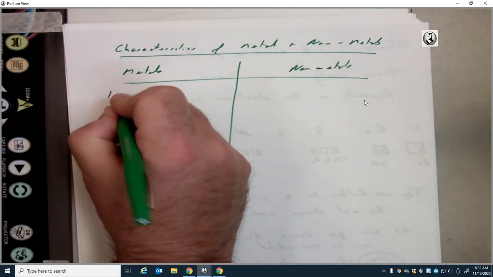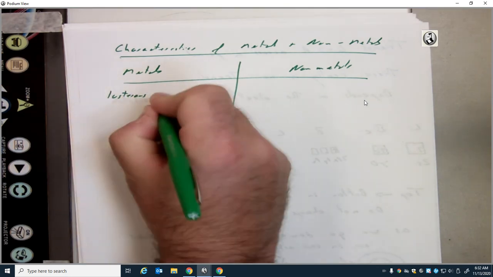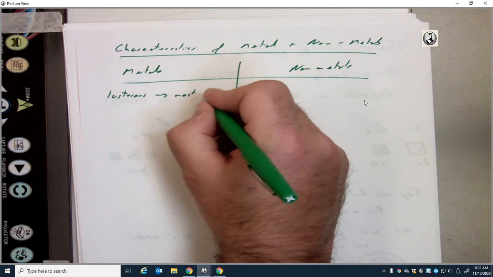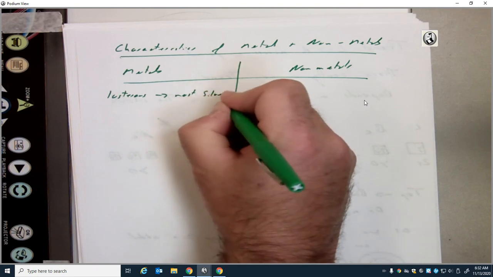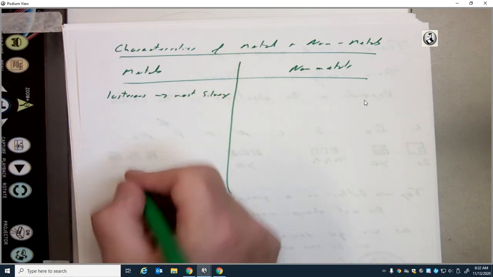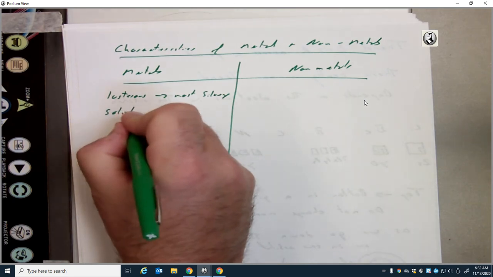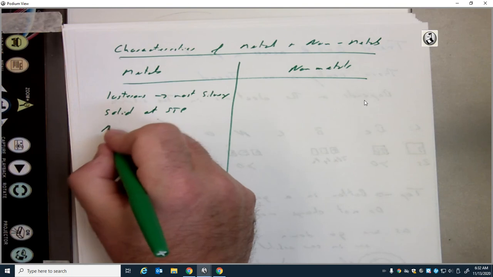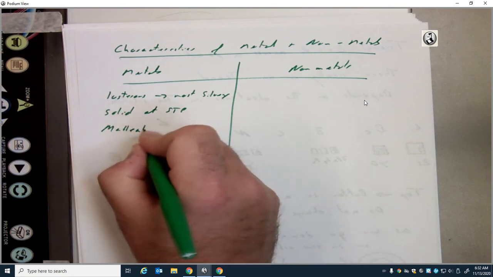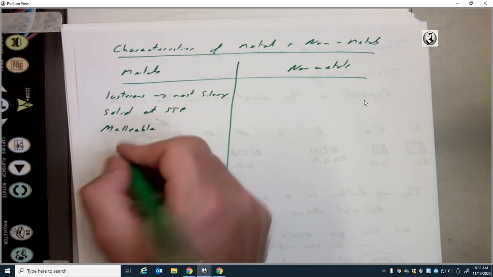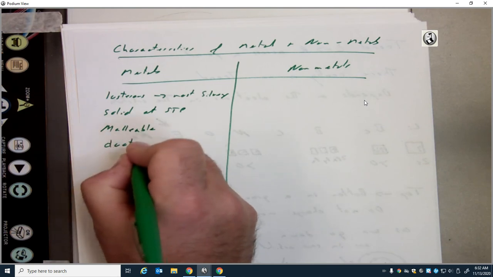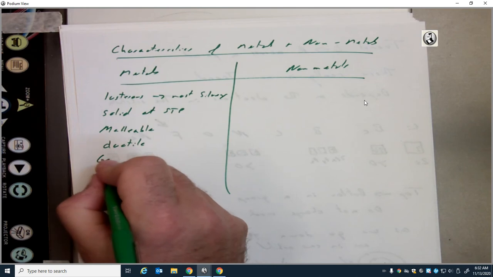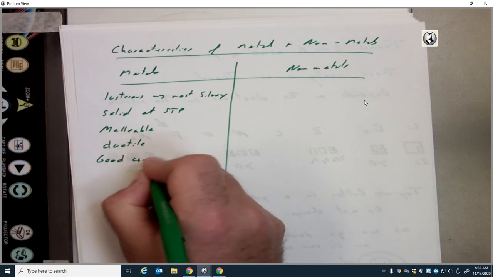Metals are lustrous, so most have that silvery color. Most are solids at STP. They're malleable, which means they can be shaped. They're ductile, which means they can be drawn into wire. They're good conductors of heat and electricity.